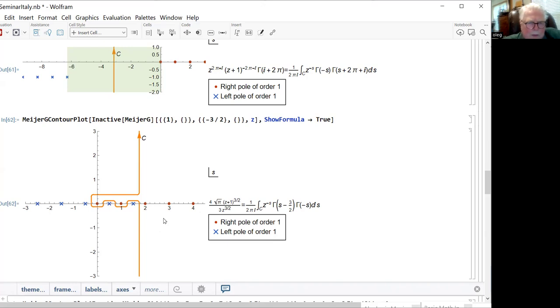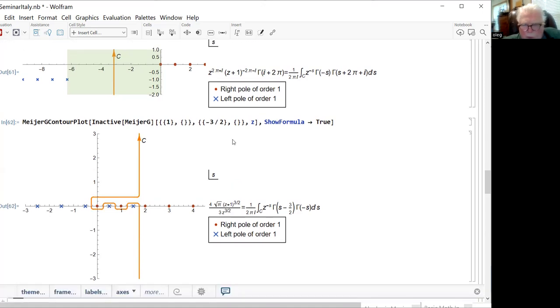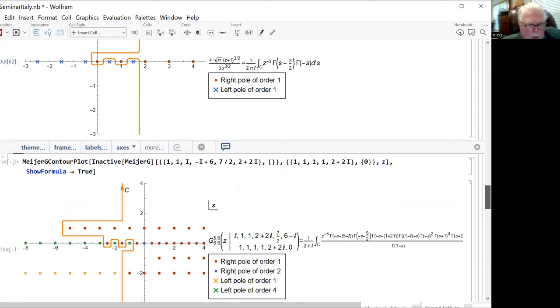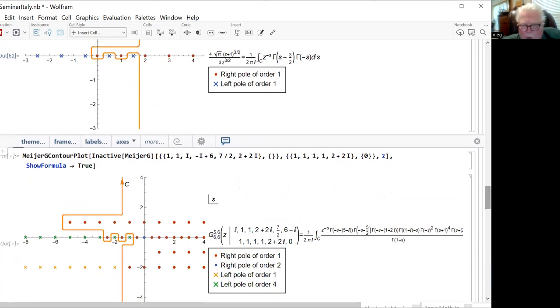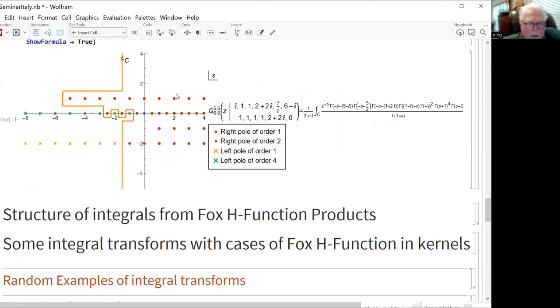And here we cannot make a direct straight vertical line like we made in the previous situation. So it is a different situation. And this is more complicated again. The situation can be evaluated.